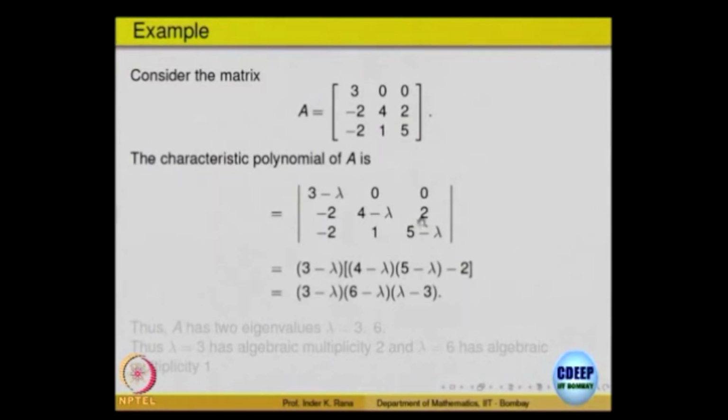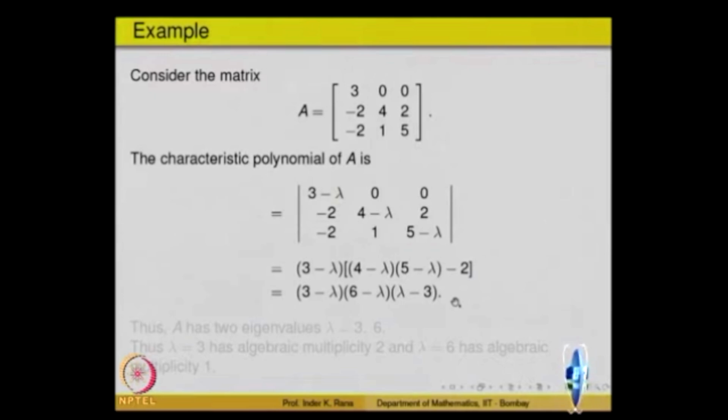You can expand by any row or column, but because there are zeros here, it is good to expand by the first row itself. So, 3 minus lambda multiplied by this, this multiplied by this, that minus 2, and simplify, it comes out to be this.